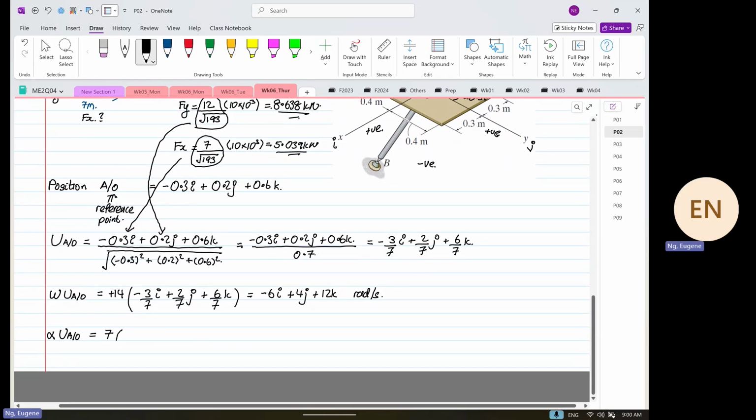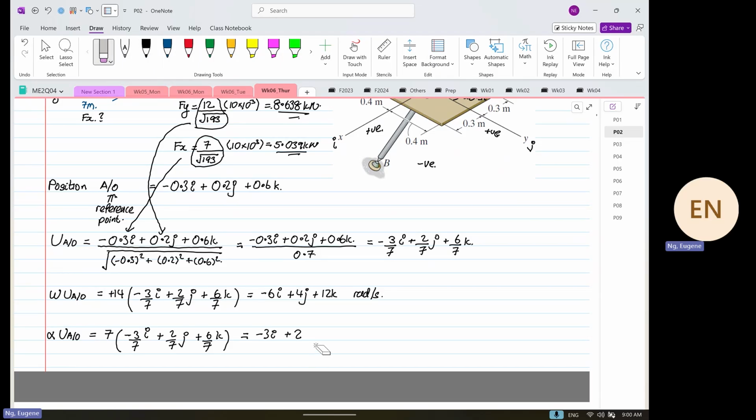Then again we have the same thing: minus 3 over 7 i plus 2 over 7 j plus 6 over 7 k. So this is equal to minus 3i plus 2j plus 6k, and we have radians per second squared. Okay.